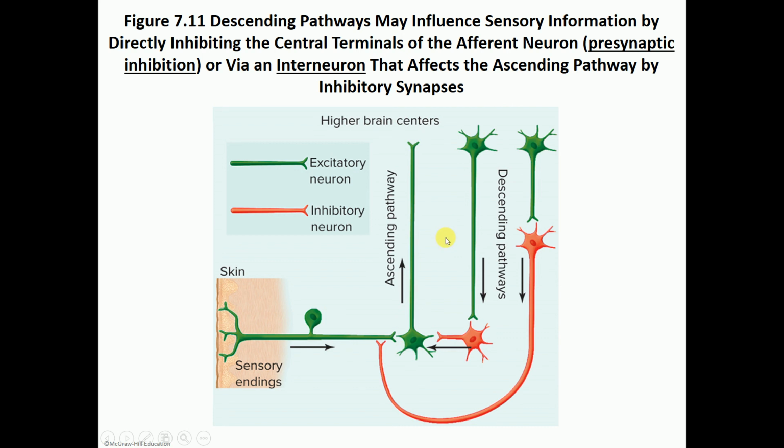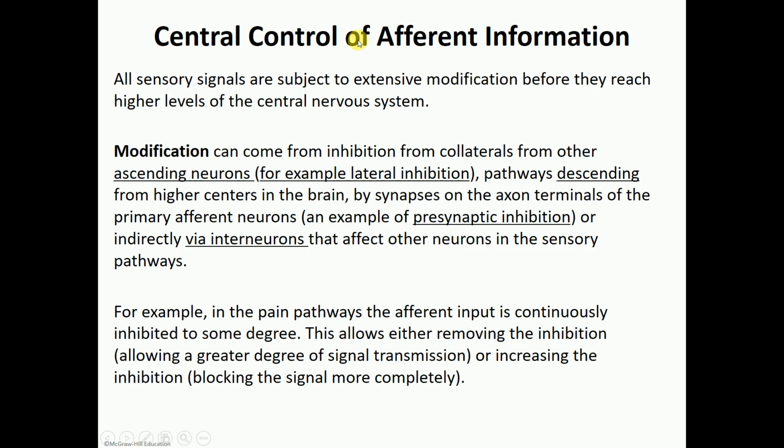It's known as the central control of afferent information, and that is known as modification. Modification can either come from collaterals, like that lateral inhibition that we talked about, or these descending motor pathways can send inhibitory impulses either to that first neuron, that would be presynaptic inhibition, or to the second neuron, and that would be postsynaptic inhibition.